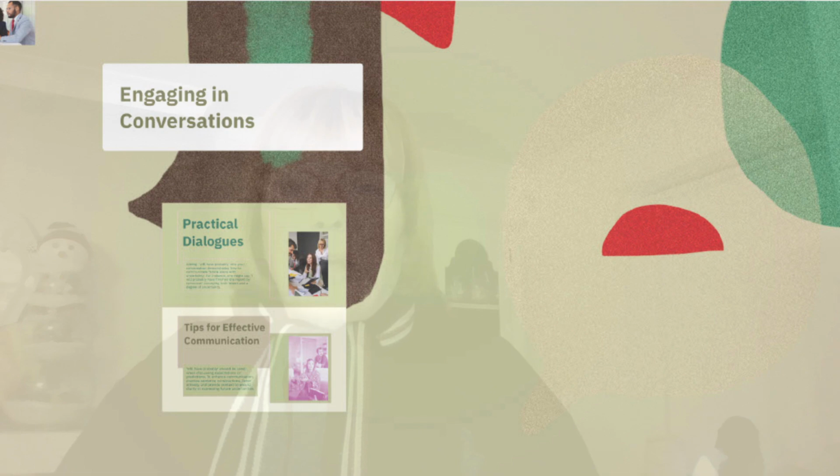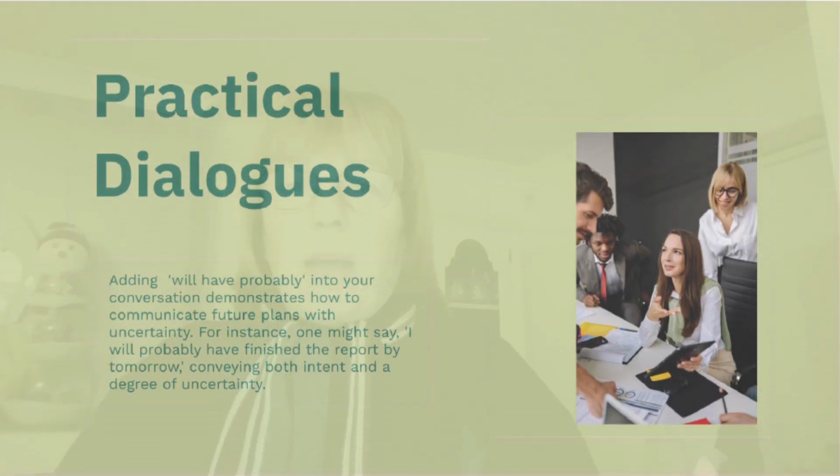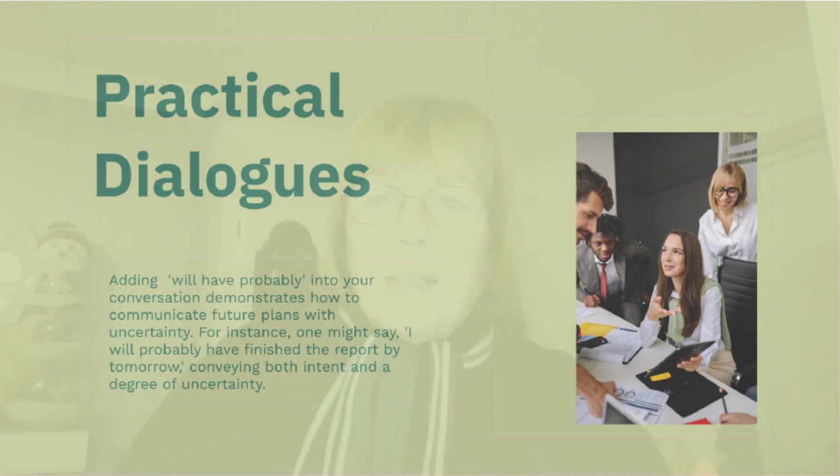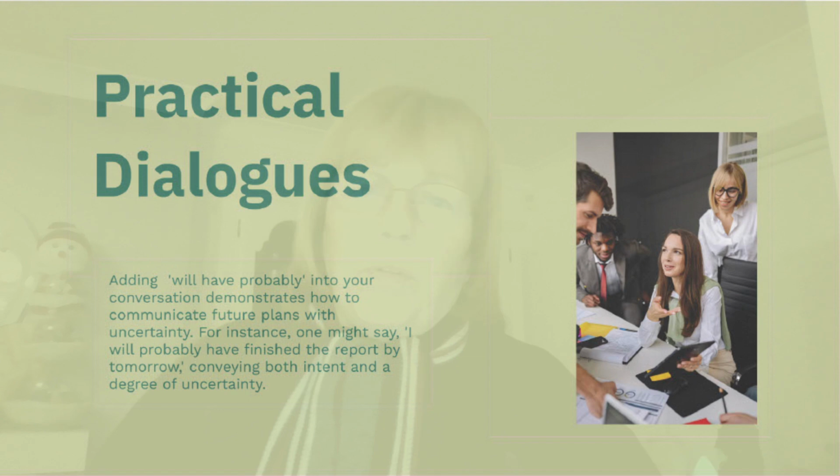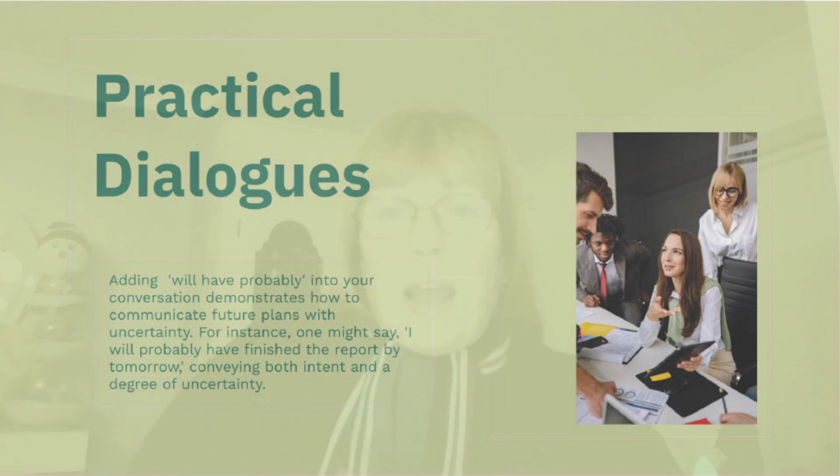And you're thinking about conversations. Practice the dialogue, practice the conversation. Will have probably, practice saying that when you're talking to other people and see how does that work. So you might say, I will probably have, if you want to, because that's still correct.